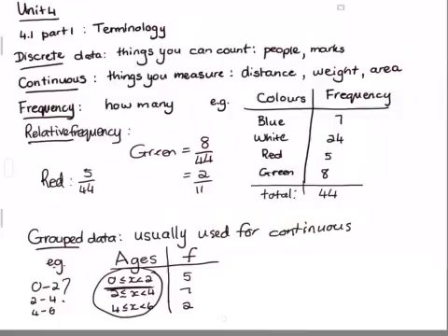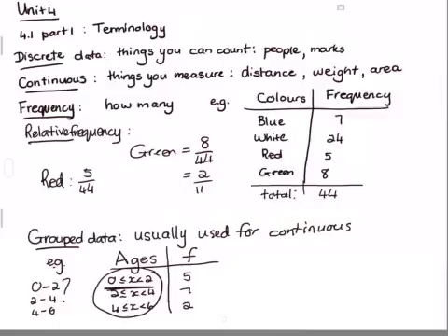That means we know there are 5 children under 2 years old, but we don't know their exact ages. It's usually used for continuous data, because if you took children under 2, some could be 1 year, 6 months, some could be 1 year, 6 months, and 1 day. Because it's something you measure, it's just better to put it in groups.